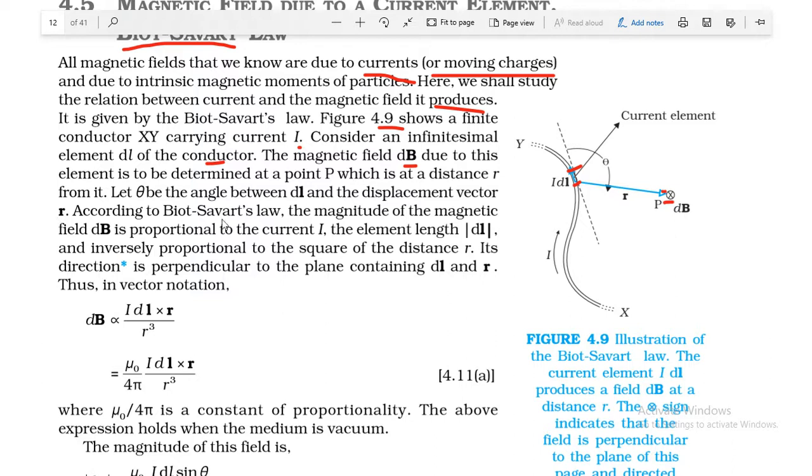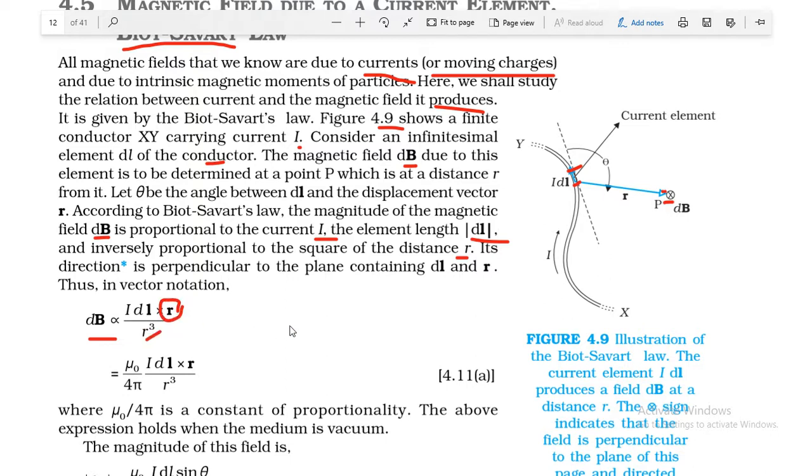Then according to the Biot-Savart law, the magnitude of magnetic field dB is proportional to the current I in length element dl and inversely proportional to the square of the distance r. Its direction we will discuss later, but we can write dB is proportional to I, the current flowing in this wire, dl the length of the small element, then r, the displacement vector, upon r cube.